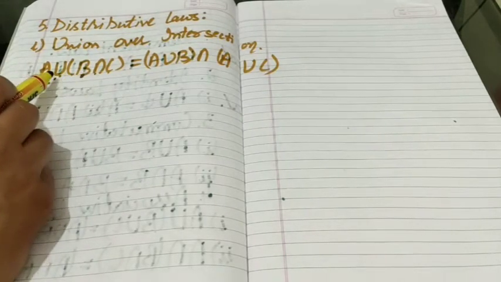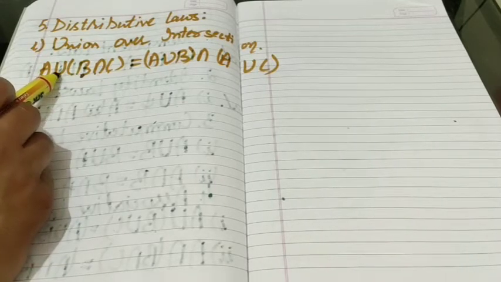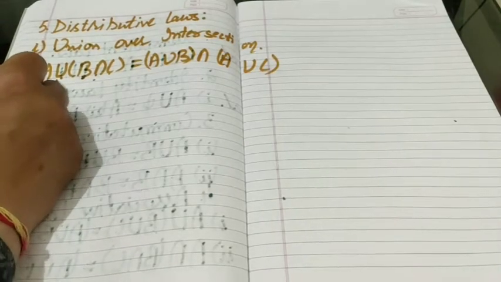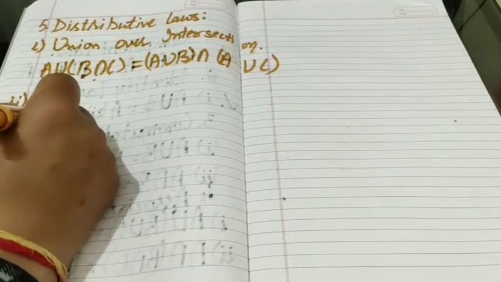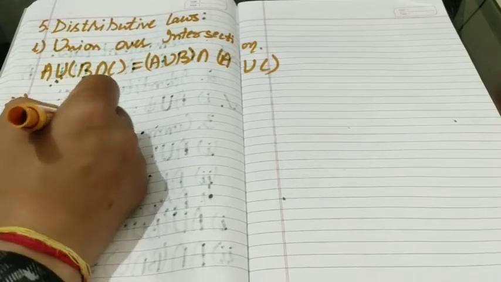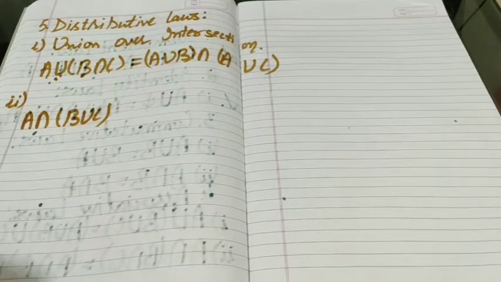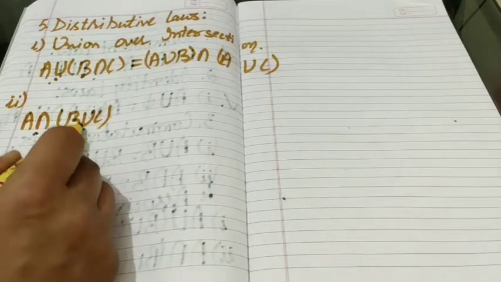It is union over intersection because union is outside the bracket and intersection is inside the bracket. And if we have A intersection (B union C), then this is the distributive law of intersection over union.